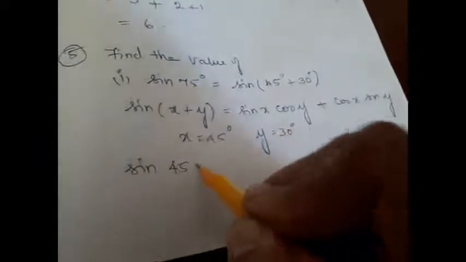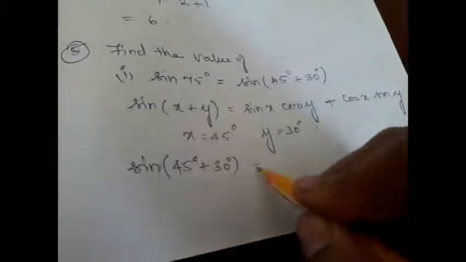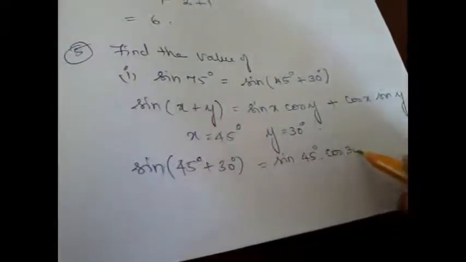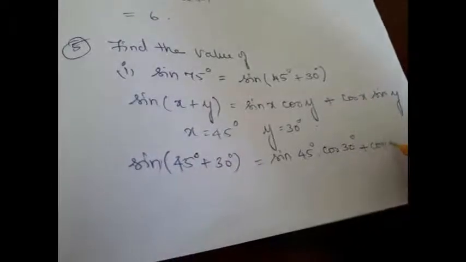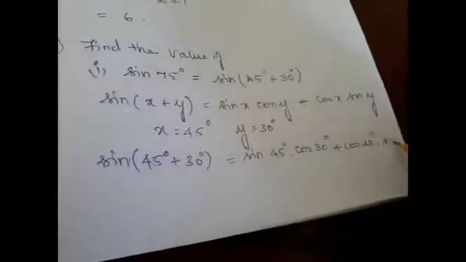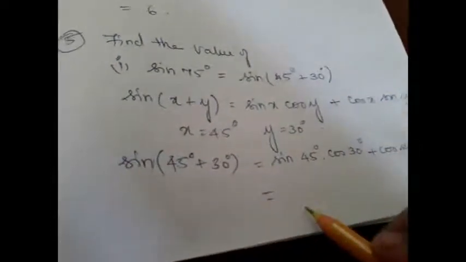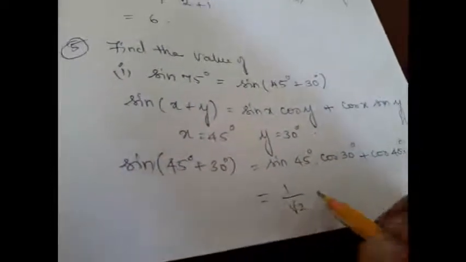So just substitute. Sin 45 plus 30 is equal to sin 45 degree into cos 30 degree plus cos 45 degree into sin 30 degree. What is sin 45? 1 by root 2.